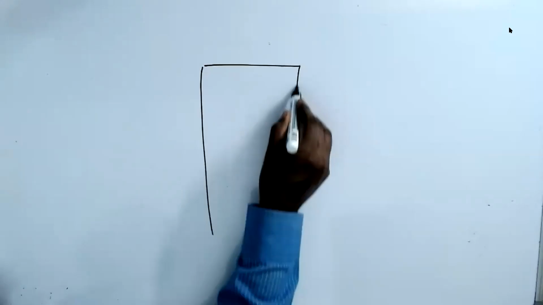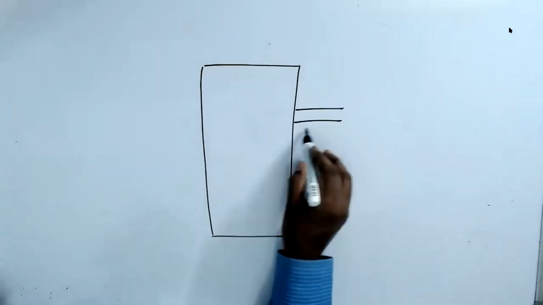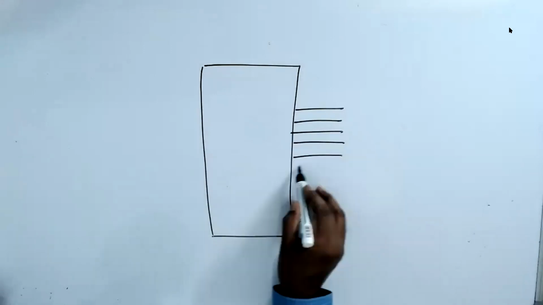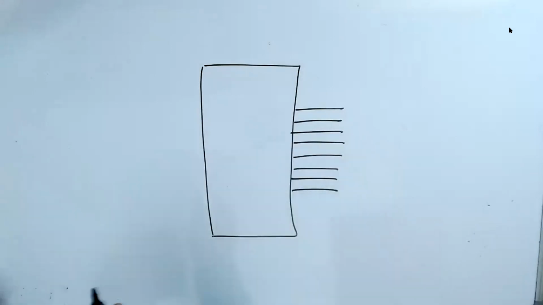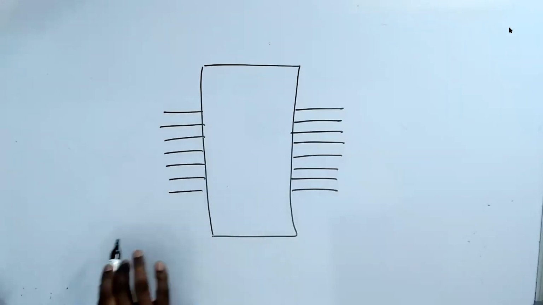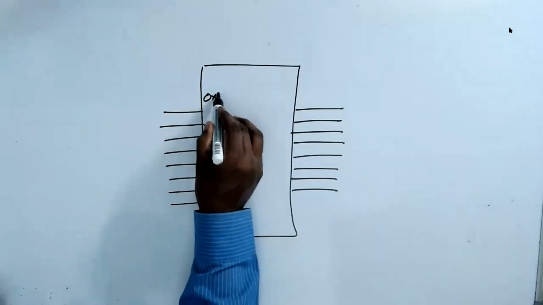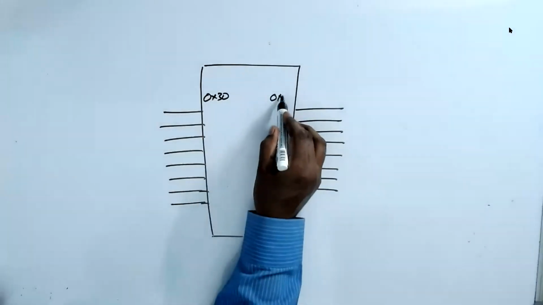Let us assume that I have a microcontroller with only 2 ports. Let's say this port number is 0x30 and this is 0x31.